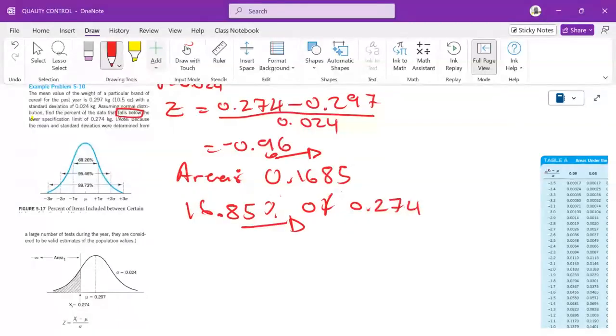Okay, below 0.274. What is it? What do they call it?